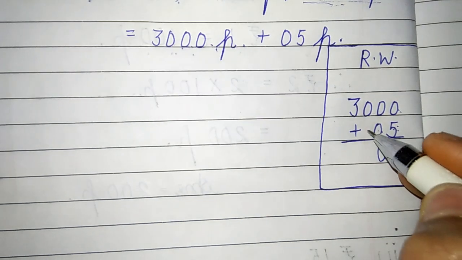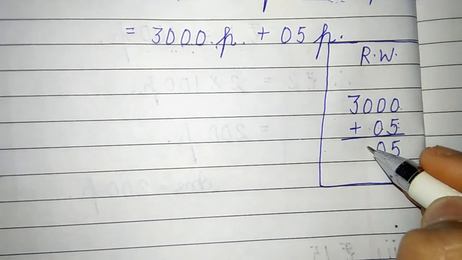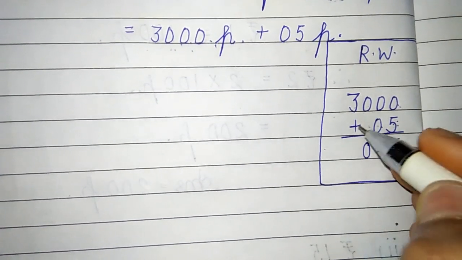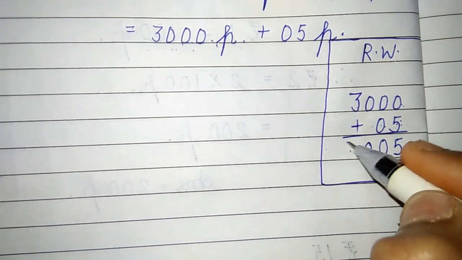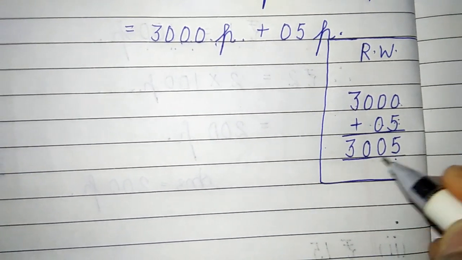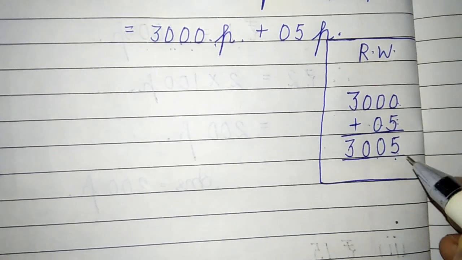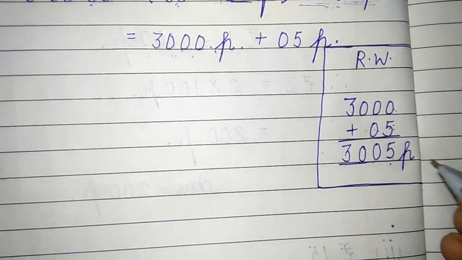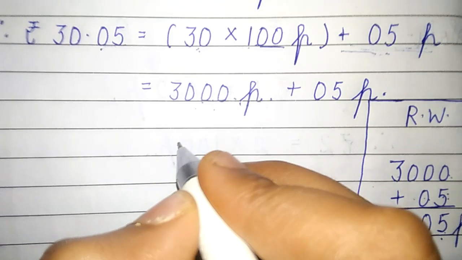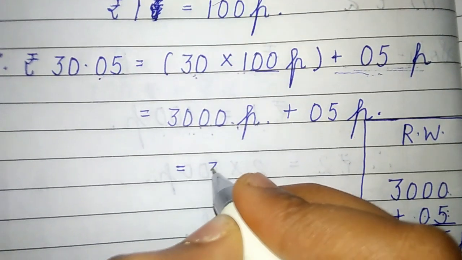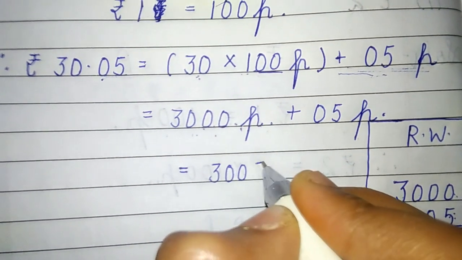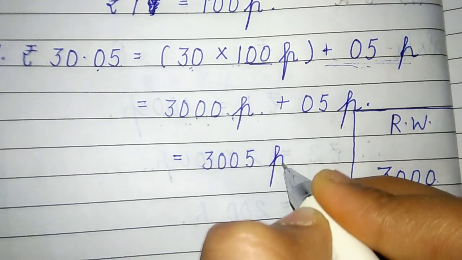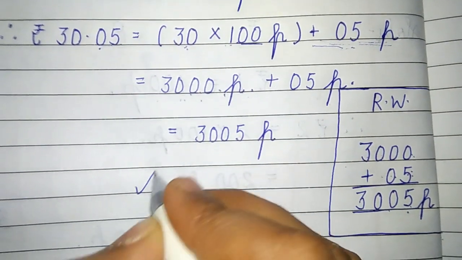There is nothing here, so write 0, and here also nothing, so write 3 here. Answer: 3005 paise. That is 3005 paise. Right?